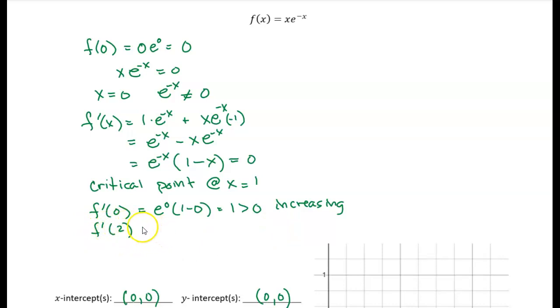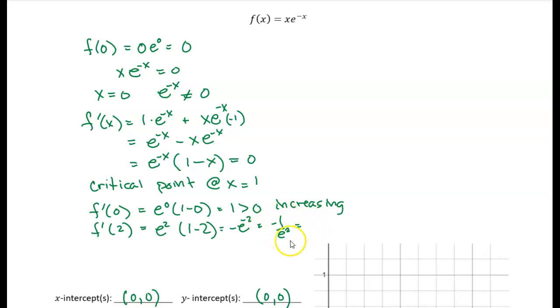Let's choose 2. So e squared and then 1 minus 2. Okay, 1 minus 2 is a negative 1. So this essentially is a negative e to the minus 2, which is basically negative 1 over e squared.